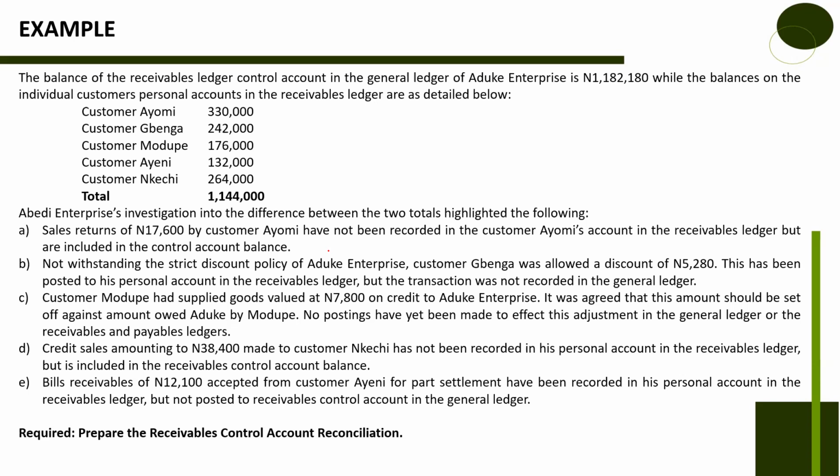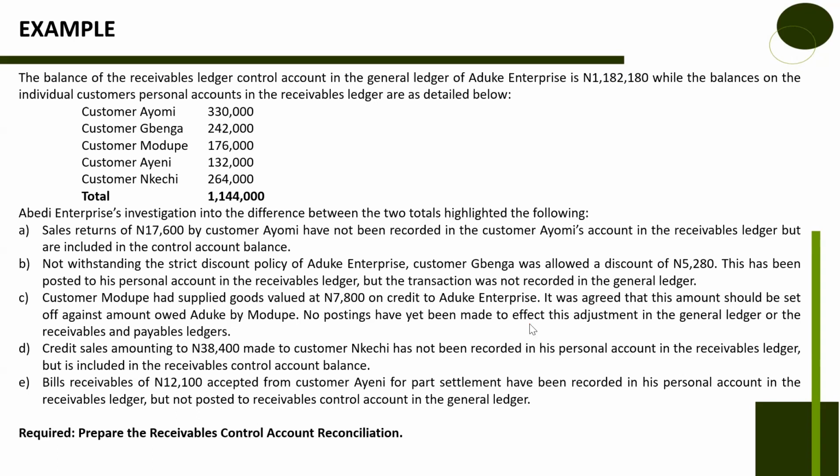Sales return of 70,600 by customer Ayomi has not been recorded in customer Ayomi's account in the receivable ledger, but is included in the control account balances. What did they ask us to do? Prepare receivable account reconciliation.